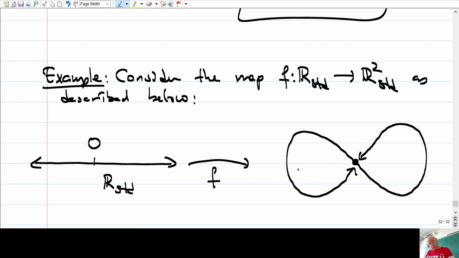Okay. So for example, let's say -1 is here, 1 is here. So f of -1 is somewhere here, and f of 1 is somewhere here. And this point is 0. So f of 0.